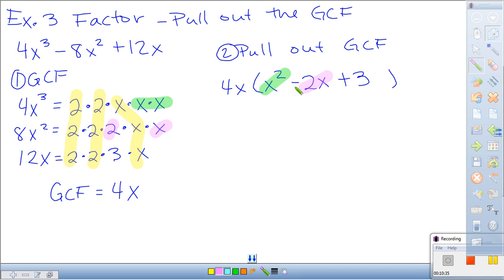Make sure, though, that you notice that we had to put in that negative. You have to pay attention to the sign. Finally, we had 4x times 3 gave us 12x, and if you look at 12x and our factorization of it, 3 was the only thing that was left. Let me get a different color here. 3 was the only thing that was left. I hope that makes sense.